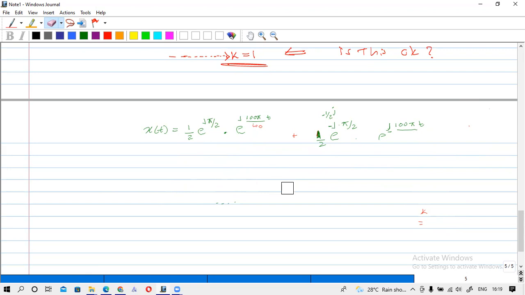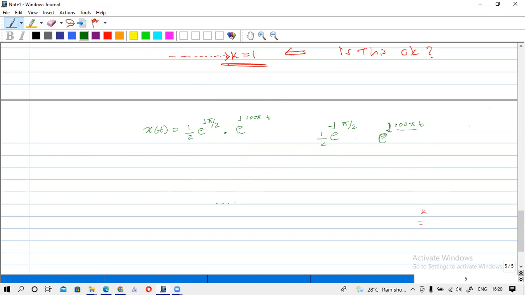Now we should know the harmonic number. I will explain this one more time, because without knowing this we can't go further.